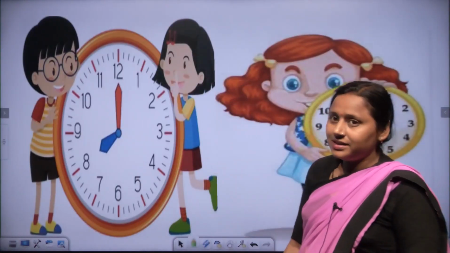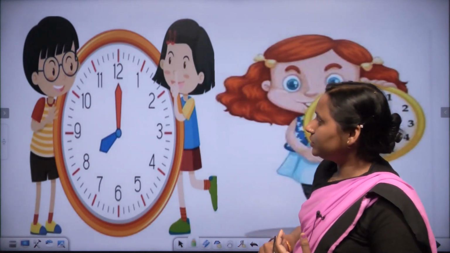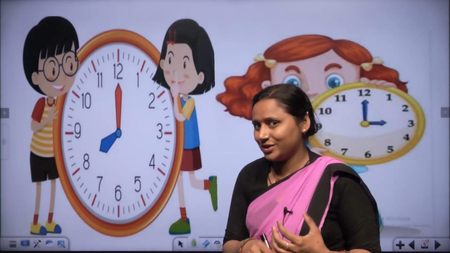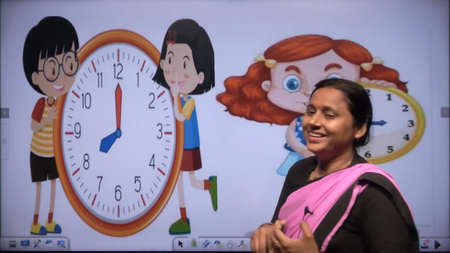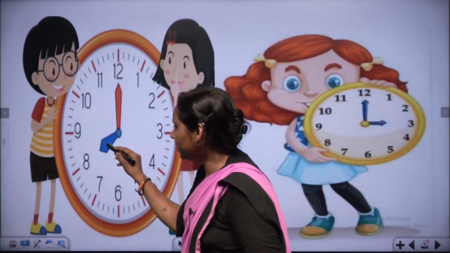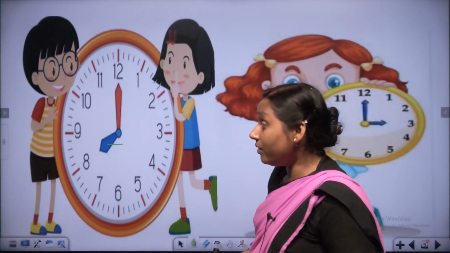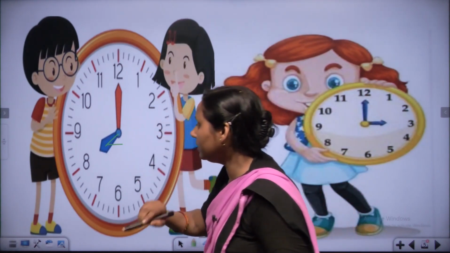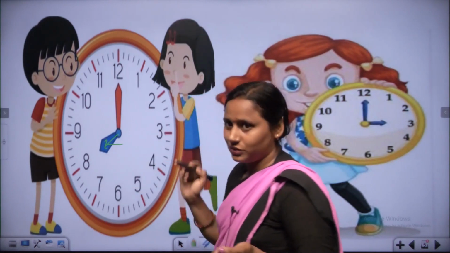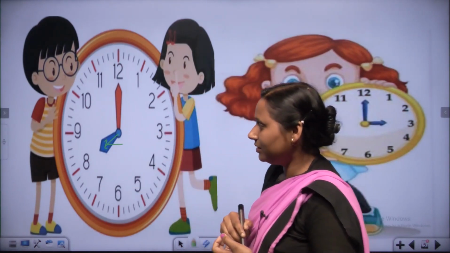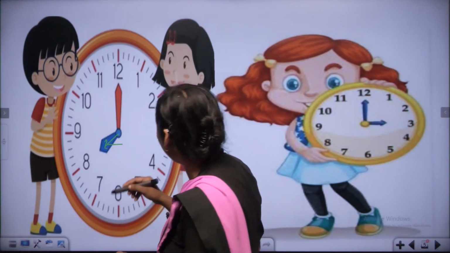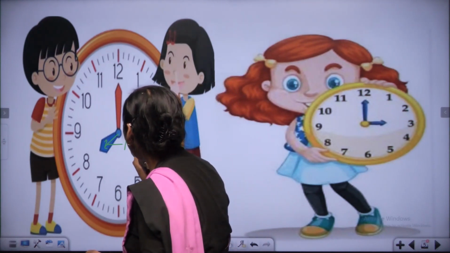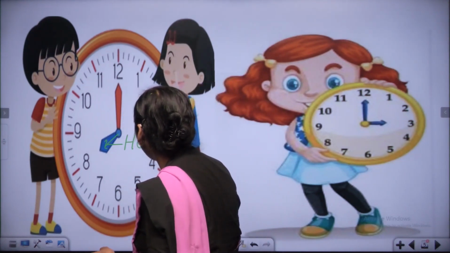Look at the picture. Can you tell me which one is the minute hand and which one is the hour hand, children? Yes, blue is which hand? Hour or minute? Is the blue hand shorter or longer? Yes, shorter. Hour hand. Spelling of hour, H-O-U-R, hour.